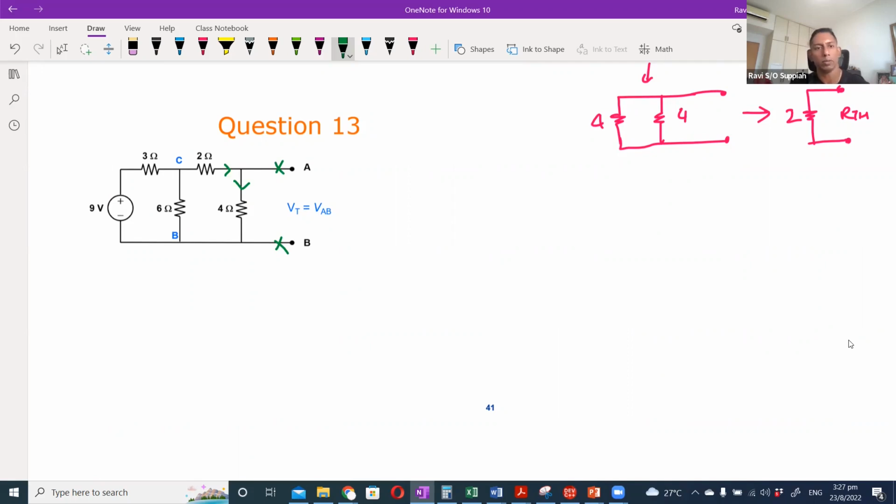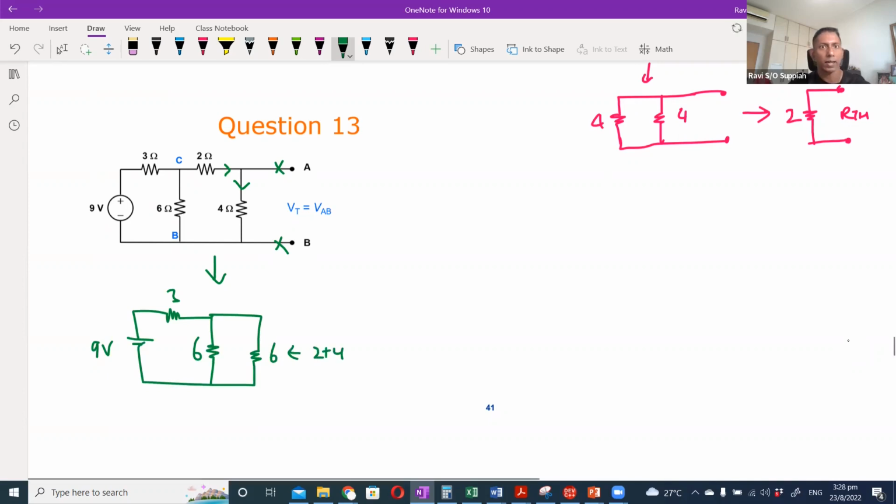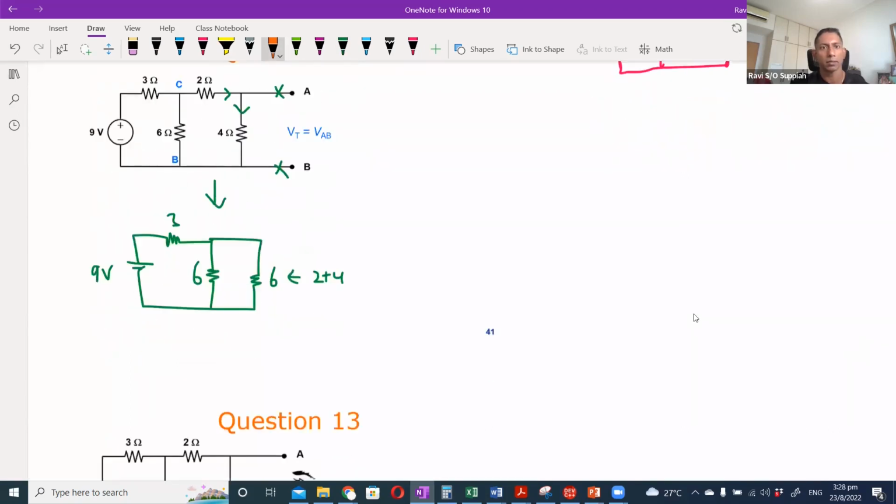All right, 2 and 4 are in series, which means I can redraw this circuit into this: 3, 6, and 6. This 6 is 2 plus 4. Okay, and then I know that this 6 and 6 are in parallel, which means I can redraw it one more time.